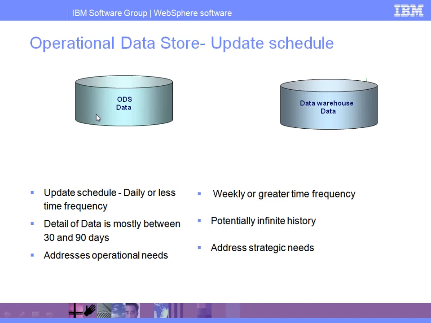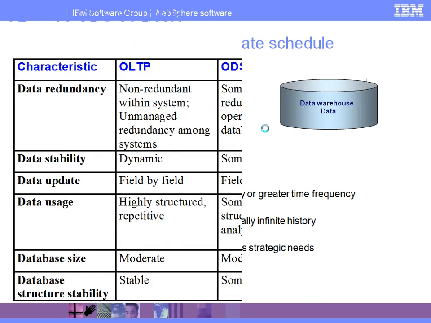The data in ODS is directly useful for operational needs of the business, but the data in the warehouse is used to address the strategic decisions of the business.